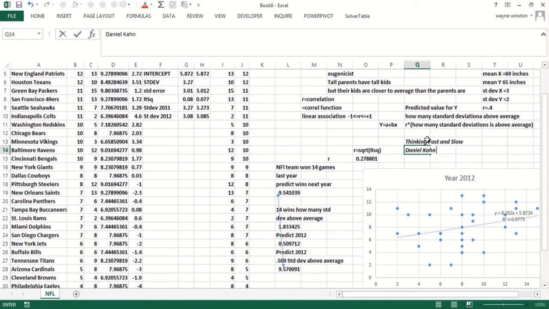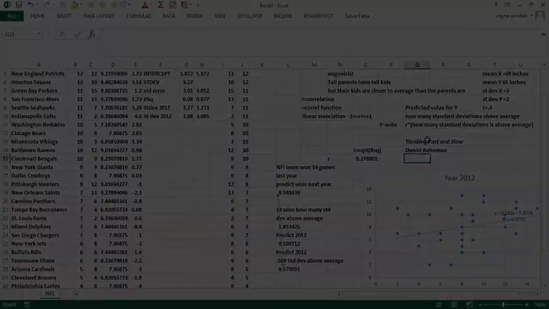Even Kahneman, a Nobel Prize winner, had trouble internalizing the meaning of regression towards the mean in his own work until he really thought about it. So it's not an obvious concept, but essentially what it means is when you predict a dependent variable, your prediction from a linear regression will be closer to average in terms of standard deviations than your independent variable.